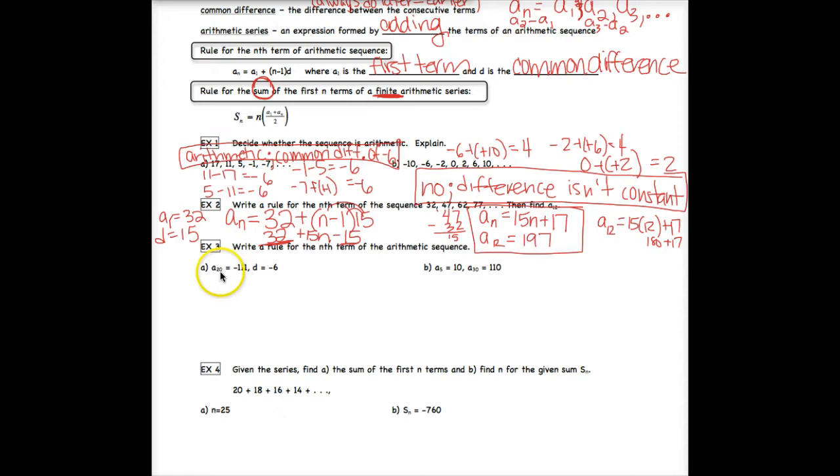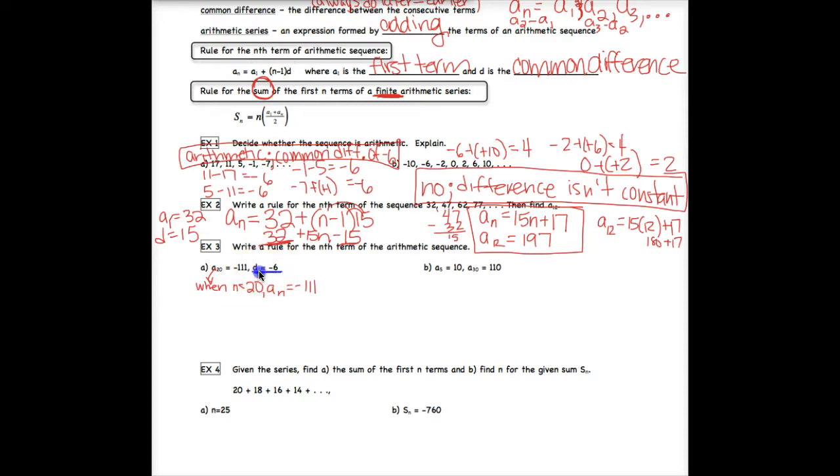If I know the 20th term, this means when n equals 20, a sub n is negative 111. So that is helpful because I can plug that in. I can plug two things in. I can plug in an a sub n value, and I can plug in an n value. I also have d.